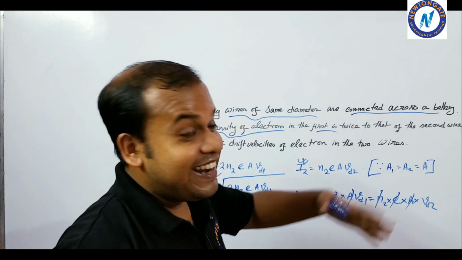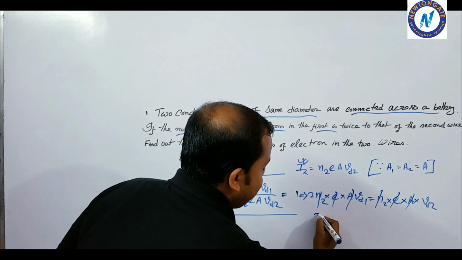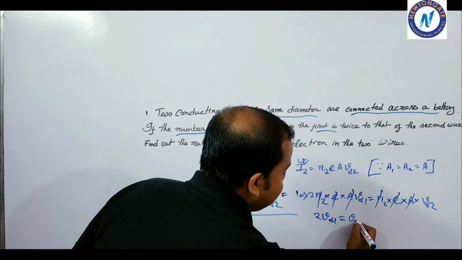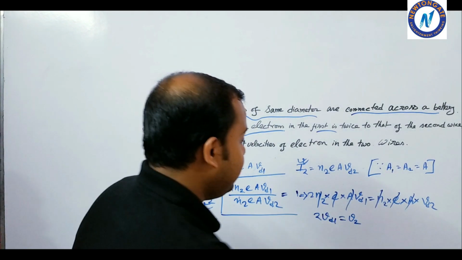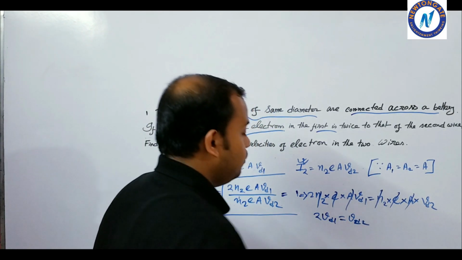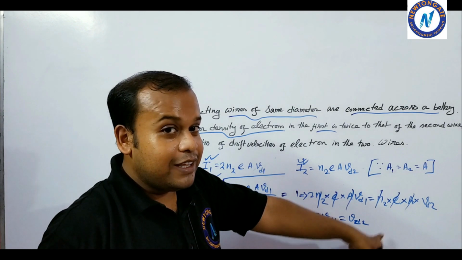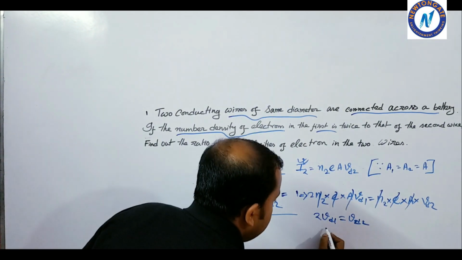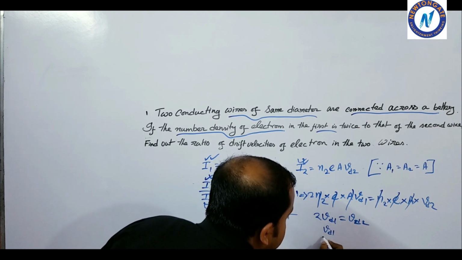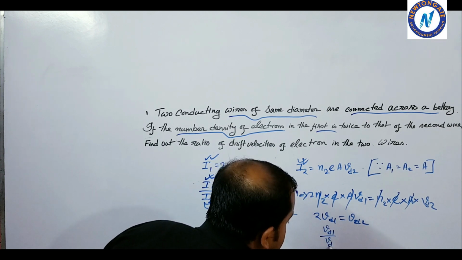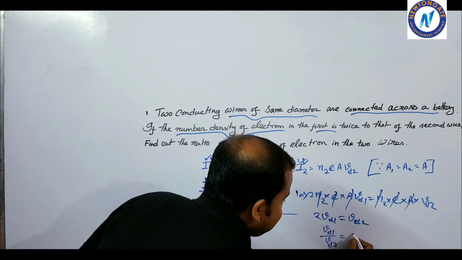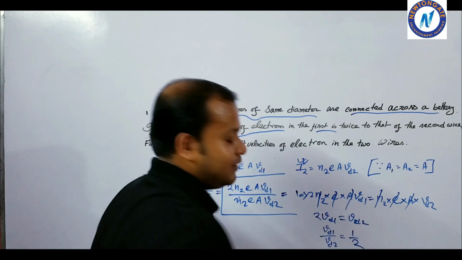And now can I write it like this, that twice of VD1 equals to VD2. So twice of VD1 equals to VD2, and VD1 divided by VD2 is actually equals to 1 by 2, right?